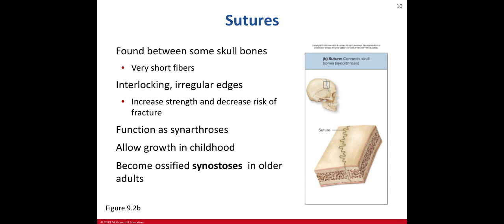It's also going to function as a synarthrosis, really not much movement, if at all. There is growth that happens in childhood, right? We had those soft spots, or fontanelles, we talked about in the last chapter. But it does become ossified and become synostoses as we become older adults.